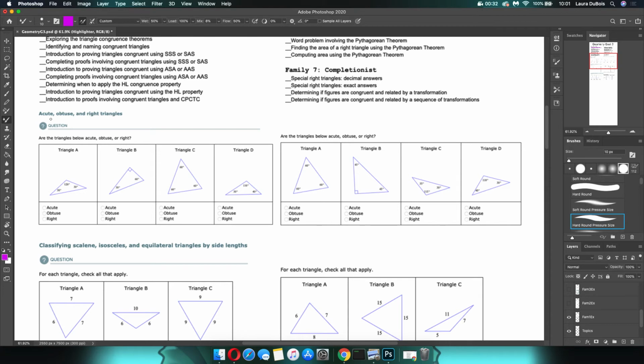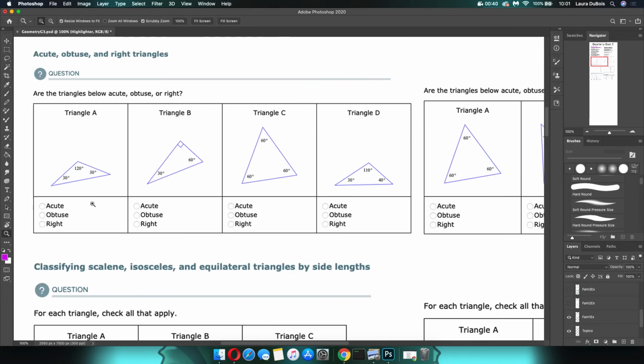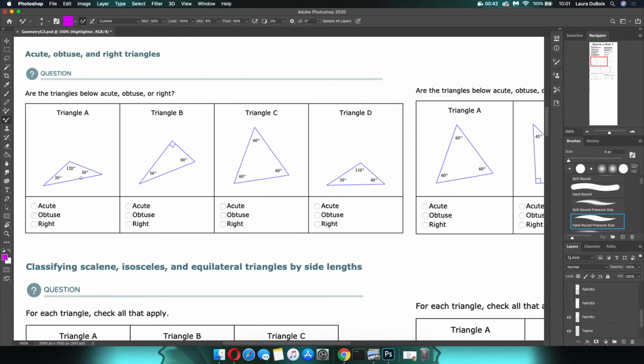For example, we can determine the name of a triangle based on the angle sizes that they give us. This is a little bit small. Let's see if I can zoom in a little bit. Okay, so you can see over here, what kind of angle was that again? That's an obtuse angle, which means this is therefore an obtuse triangle. Let's look over here. We have that very specific angle.